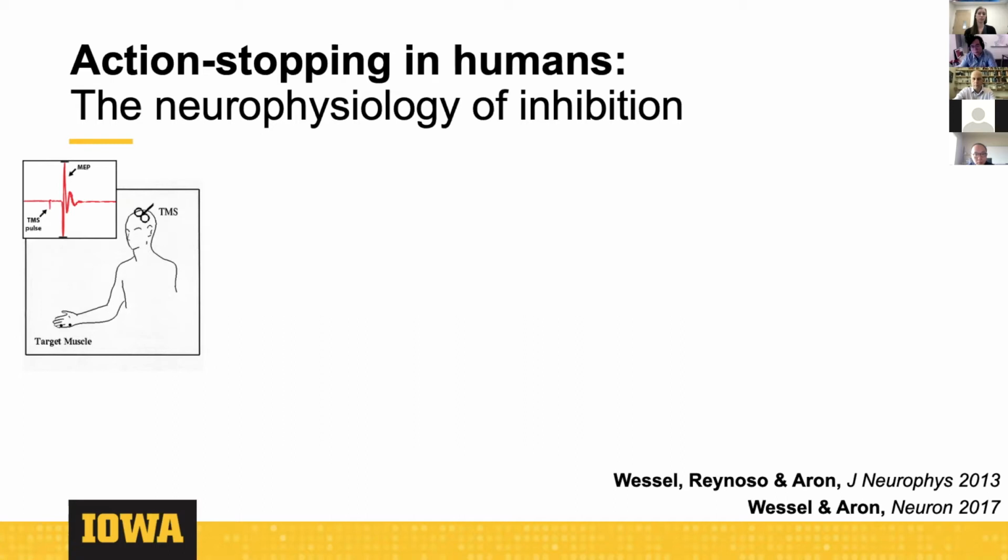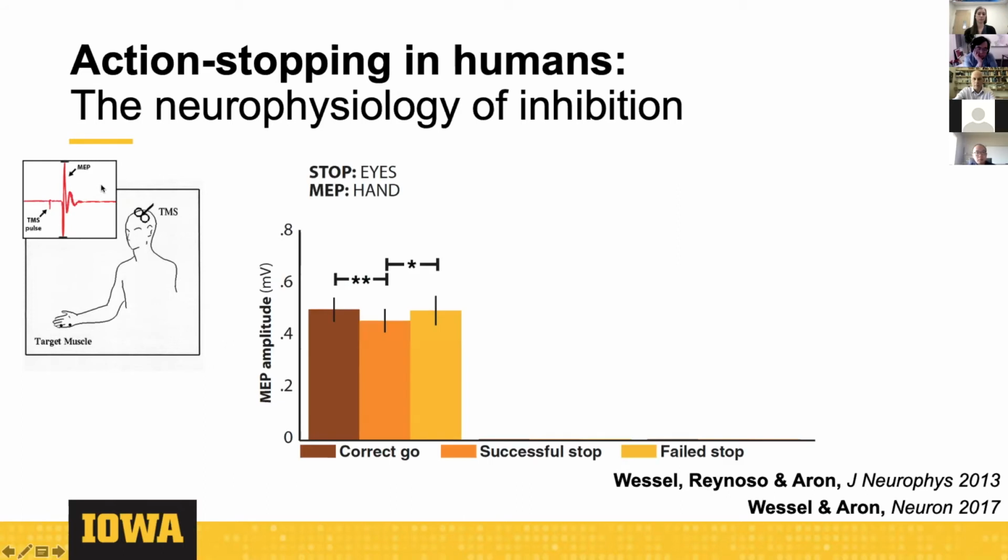And so when you measure this during the stop signal task, you will find that when people successfully stop, the motor excitability of the motor effector that they're stopping is significantly suppressed. But you will find the exact same thing, and that is a very interesting property of this stopping mechanism, that it actually is effector non-specific.